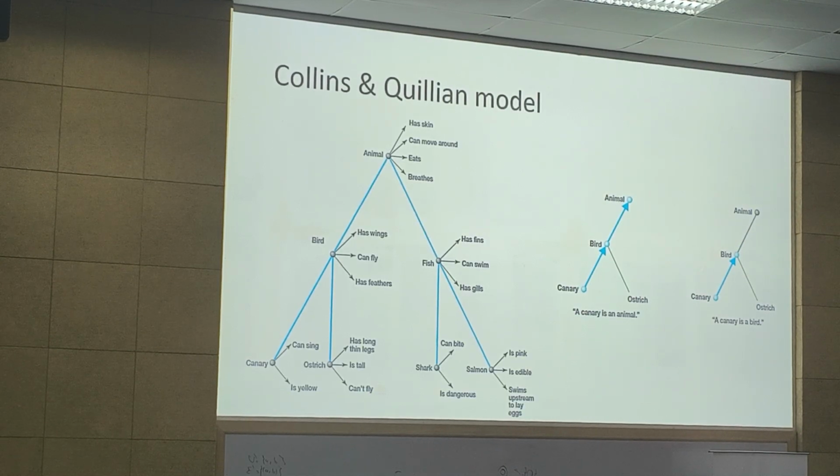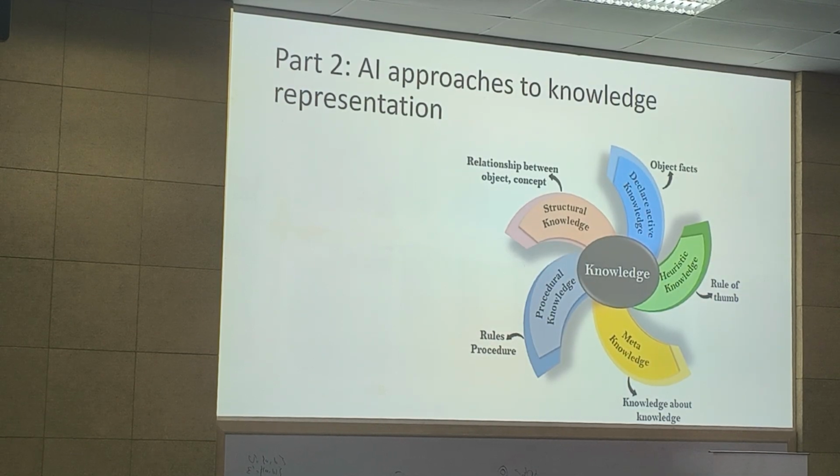And this is related to Collins and Quillian's model. And if you look at the notes, if you have been following, it's got some relation to do with the economic costs.